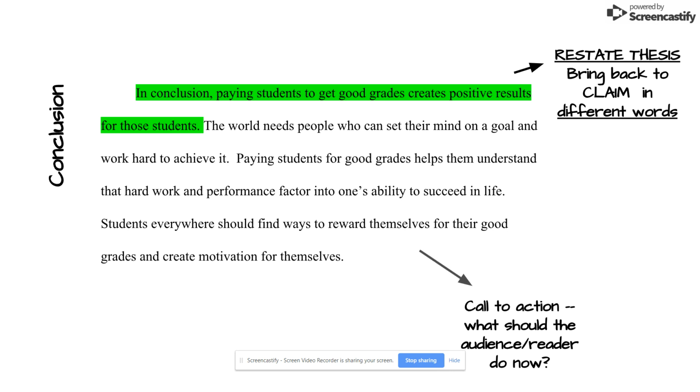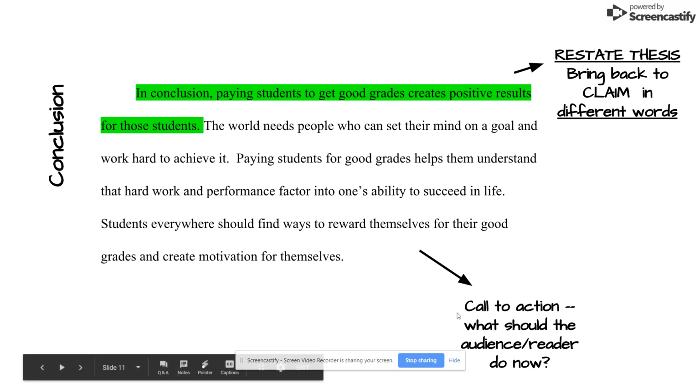There's one difference, though, between the conclusion in an argumentative paper and in an informative paper. Since the purpose of an argumentative essay is to persuade someone to a certain opinion or a side of an issue, we want them to think about what would be something important. What do we want them to do now that we've argued that our opinion is really strong?